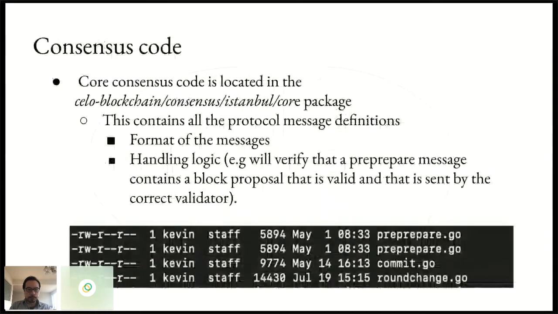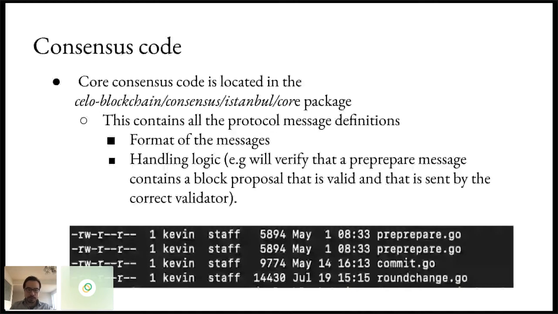So for example, take the pre-prepare message. This message is meant for when the proposer of the consensus round wants to send out a block proposal to all other validators. So it would use this pre-prepare message to send it out. All the validators would receive it. They will verify that this block proposal is actually correct, for example, that all the transactions included are valid.